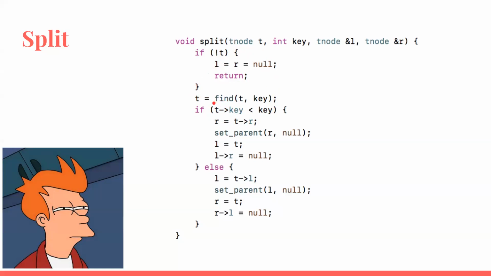You remember that if T key is smaller than key, it means that key does not exist in this splay tree.